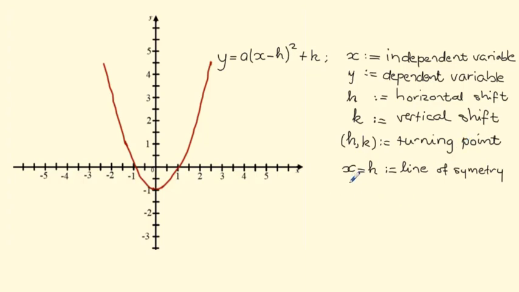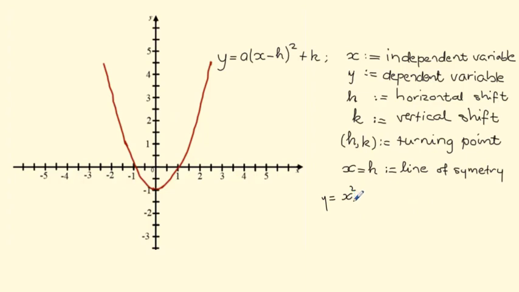And the equation x equals h, which is the equation of a vertical line, represents the line of symmetry of this parabola, because the parabola is normally symmetric around a vertical line. If it's the standard parabola like y equals x squared, it's going to be symmetric around the y-axis.